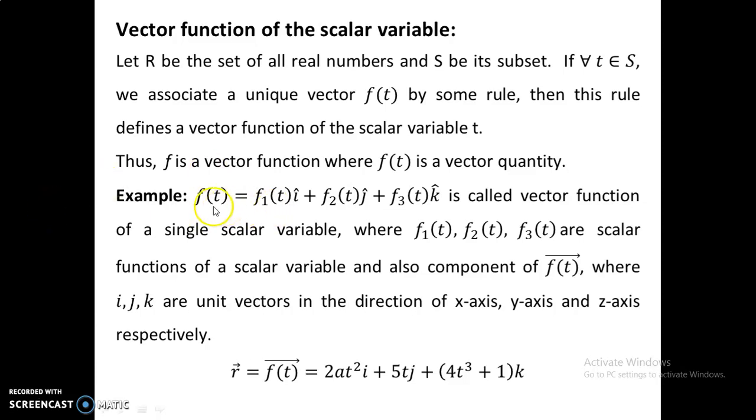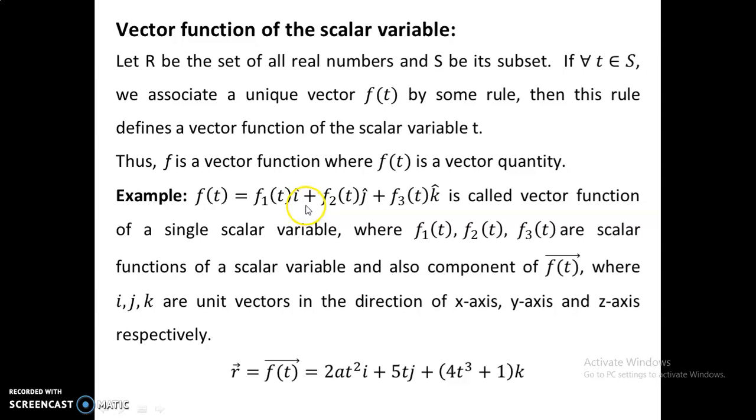Here f of t equals f1 of t i plus f2 of t j plus f3 of t k cap, which is called a vector function of a scalar variable, where f1 of t, f2 of t, f3 of t are all scalar functions of a scalar variable t, and also components of this vector function f of t, where i, j, k are unit vectors.